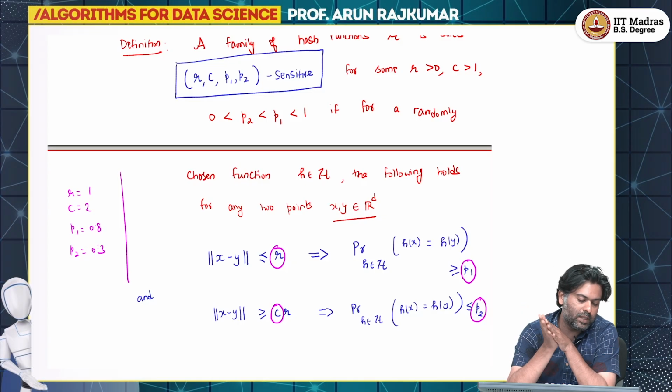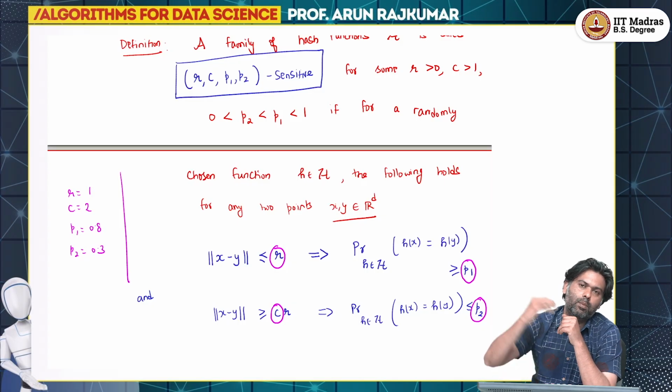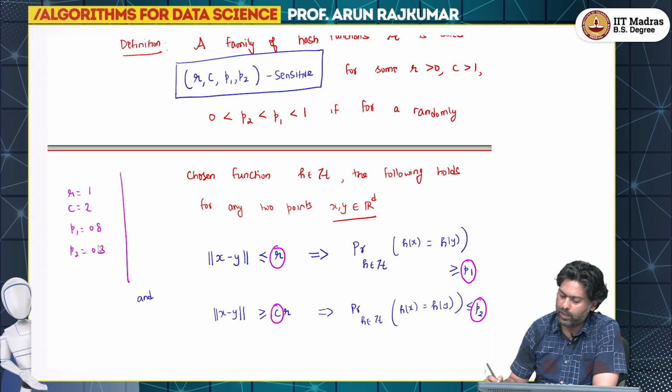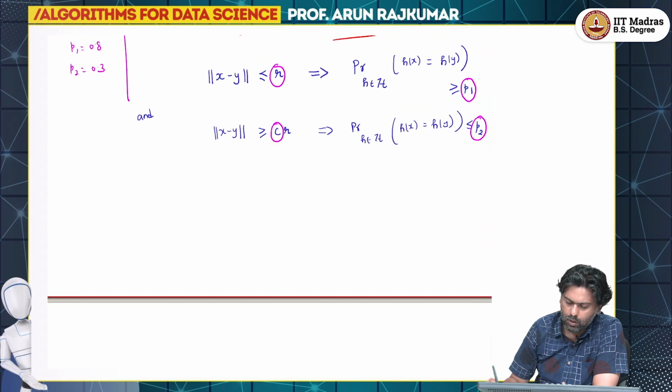In this case c was 2, which means think of a smaller ball of radius 1 and then a bigger ball of radius 2. If I am outside the ball of radius 2, then I have to go to different buckets.